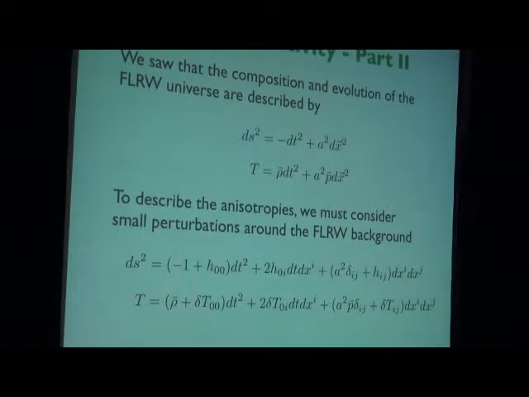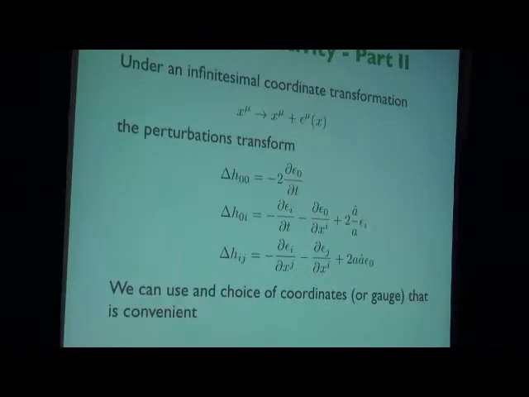So you can turn on a perturbation to the 0,0 component of the metric, which I'll call h00. You can turn on a perturbation to h0i and hij. And similarly, you can perturb the stress tensor, the 0,0 component, 0i and ij. One thing that's worth mentioning is that we're free in general relativity to choose any coordinates that are most convenient to us.